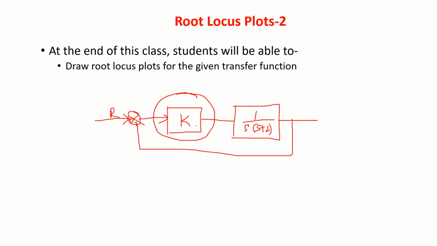As we vary the value of K from 0 to infinity, how the closed loop roots move, and we trace the locus, and at a given point or for a given value of zeta, how to determine the value of K and what are the corresponding transient response specifications we studied. We can also draw the response of the system by knowing these parameters.